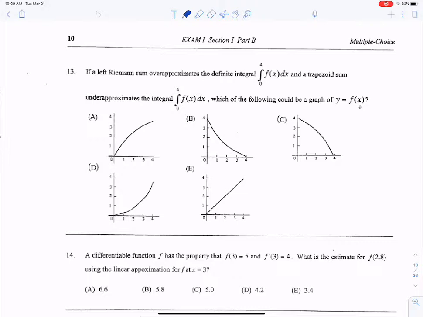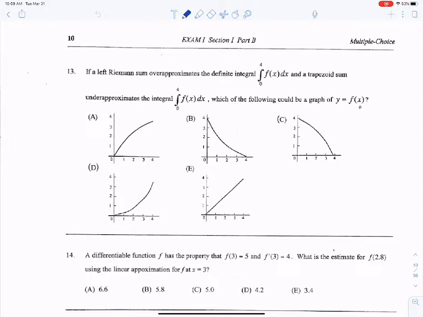If a left Riemann sum over approximates the definite integral of that, so left Riemann sums means we're making rectangles using the left-hand side of each rectangle to approximate. And a trapezoid sum under approximates. Which of the following graphs could this be?